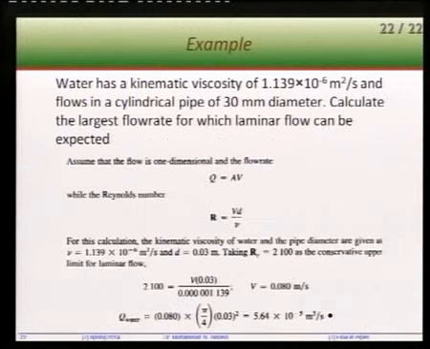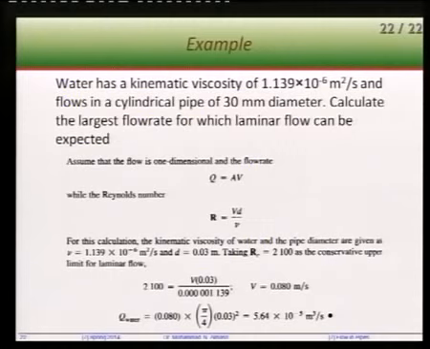What else? Okay. There might be a different way of thinking of Reynolds number. Like, for example, let's read that question. Water has a kinematic viscosity of 1.139 multiplied by 10 to minus 6 square meter per second and flows in a cylindrical pipe, okay, circular pipe of 30 millimeter diameter.